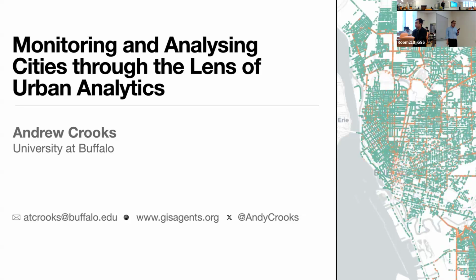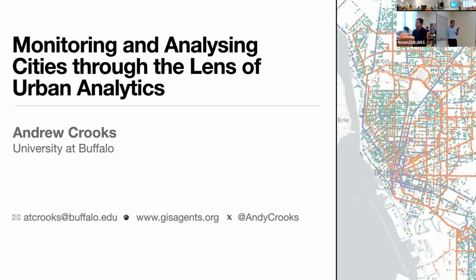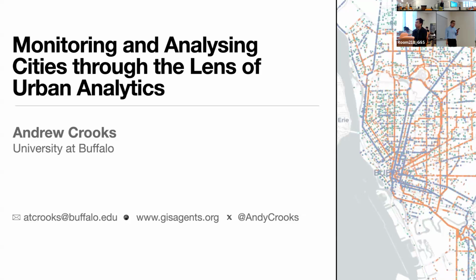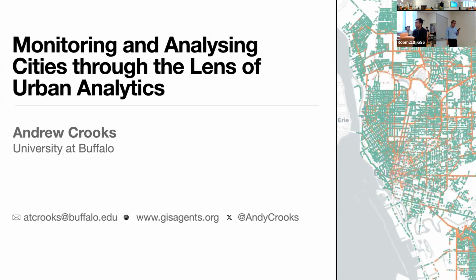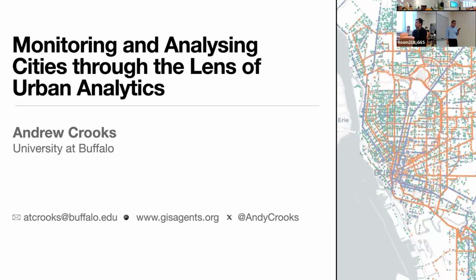His work lies at the intersection of urban analytics, GIS science, social network analysis, and agent-based modeling, which provides innovative ways to monitor, model, and understand how cities grow and change.